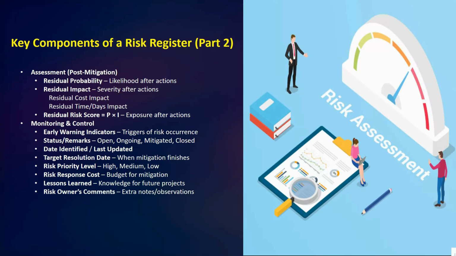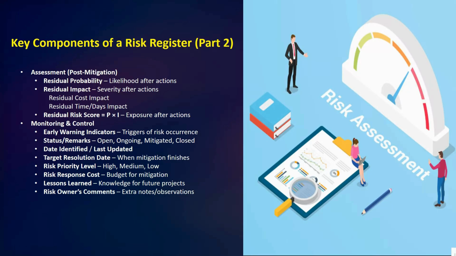We record the residual probability and residual impact, again separated into the residual cost impact and residual time impact. For this, we calculate the residual risk score. So this shows the level of risk remaining after controls are in place. Okay, so I hope this is clear.